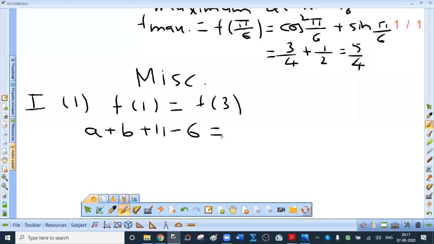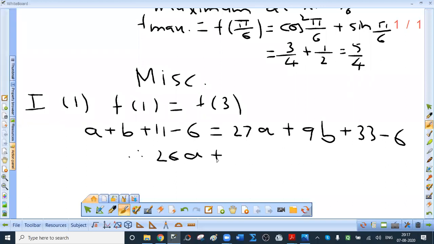Value of the function at x equal to 3. Just check this. 27a plus 9b plus 33 minus 6. You get one equation. What is that equation? 26a plus 8b minus 22, that is 13a plus 4b equal to minus 11.